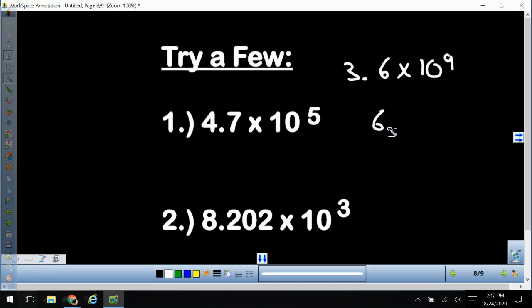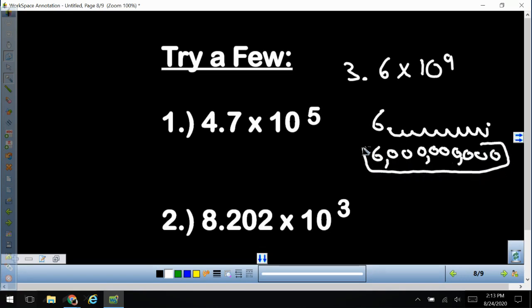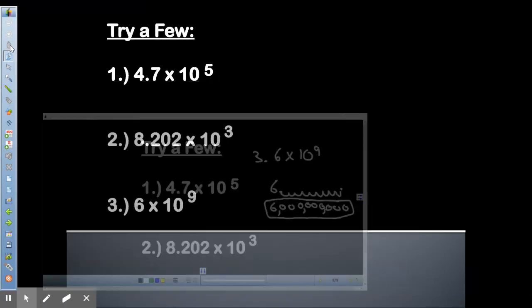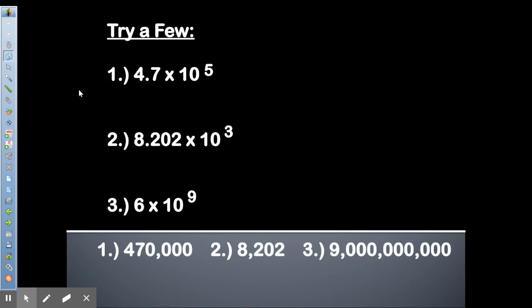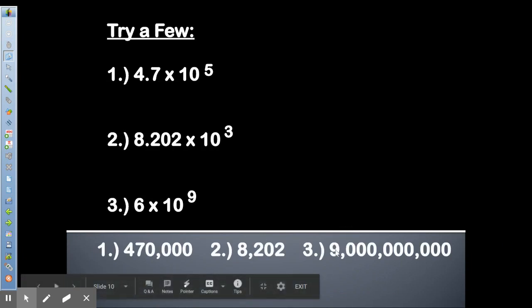I need to move it 9 times to the right: 1, 2, 3, 4, 5, 6, 7, 8, 9. So I end up with 6 followed by nine zeros: 6 billion. A lot of zeros.